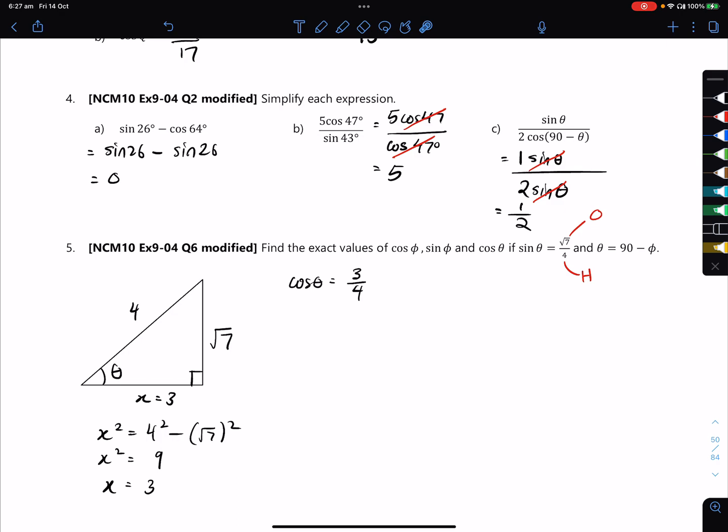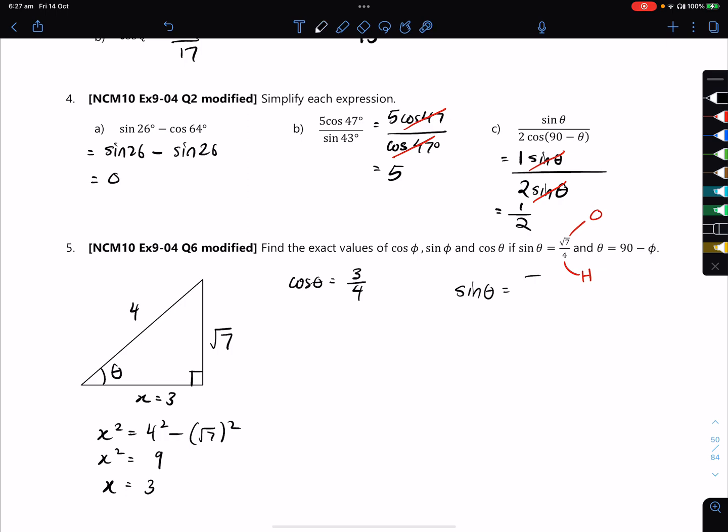Whereas if we wanted to find out cosine of phi, how do we do that? Cosine of phi is not part of this triangle at the moment. There's no phi here. But if I write down, instead of theta, 90 minus phi, let me write that down.